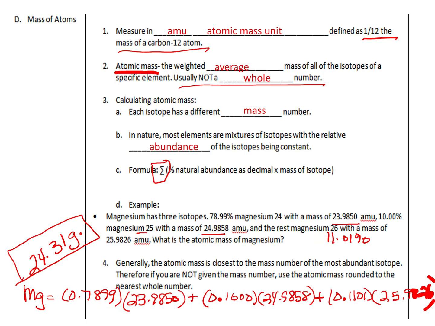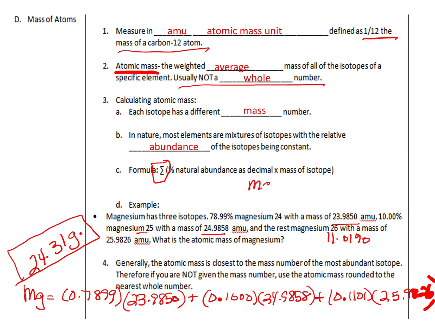All right, you'll get practice with this on your average atomic mass worksheet, so we'll be able to do some more problems with that. Generally, the atomic mass is going to be closest to the mass number of the most abundant isotope.